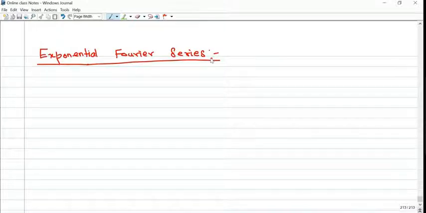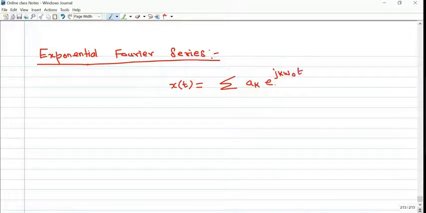Any continuous time periodic signal can be represented by exponential Fourier series format. So what is the expression for this? X of t equal to, have you studied this in mathematics? Exponential Fourier series. So x of t equal to summation a k e power j k omega naught t, where k varies from minus infinity to infinity. So this is a representation of a continuous time periodic signal by exponential Fourier series format.